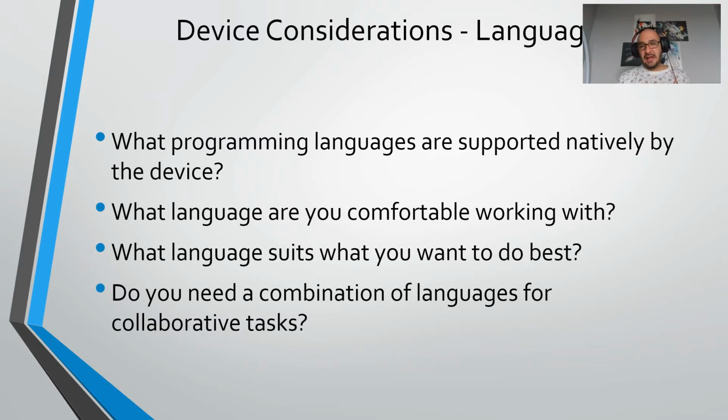However, using a hybrid framework would be done using web technologies or JavaScript, for example. So that's something you have to keep in mind. Different platforms will have different programming languages, and if you decide to go for one of those platforms, then you need to make sure that you are comfortable with the programming language that platform is associated to.